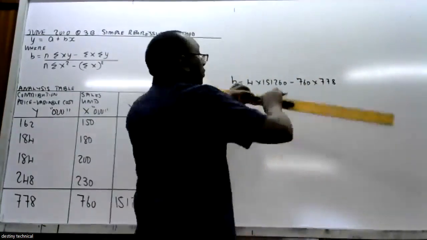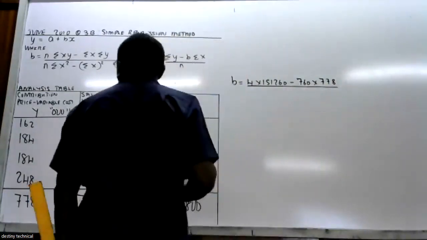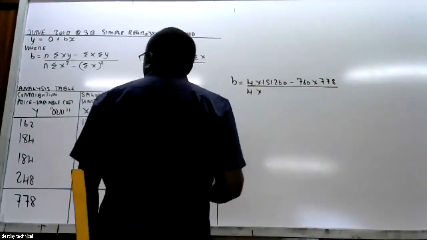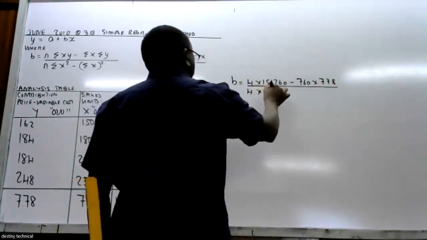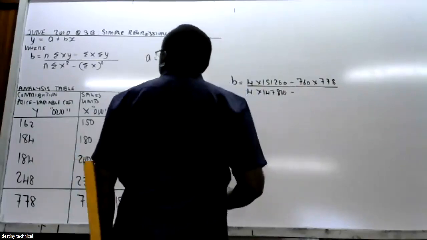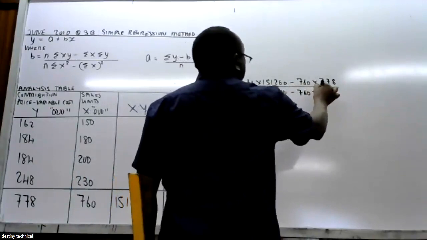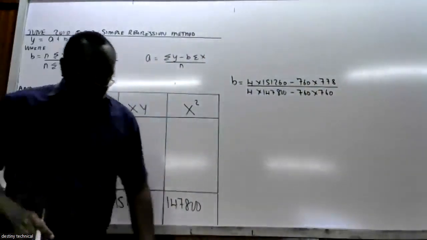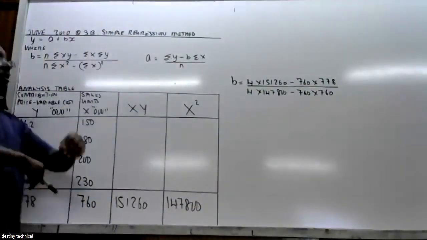You divide by N, which is 4, multiplied by sum of X squared, 147,800, minus sum of X, which is 760, multiplied by 760. So work that out and tell me.